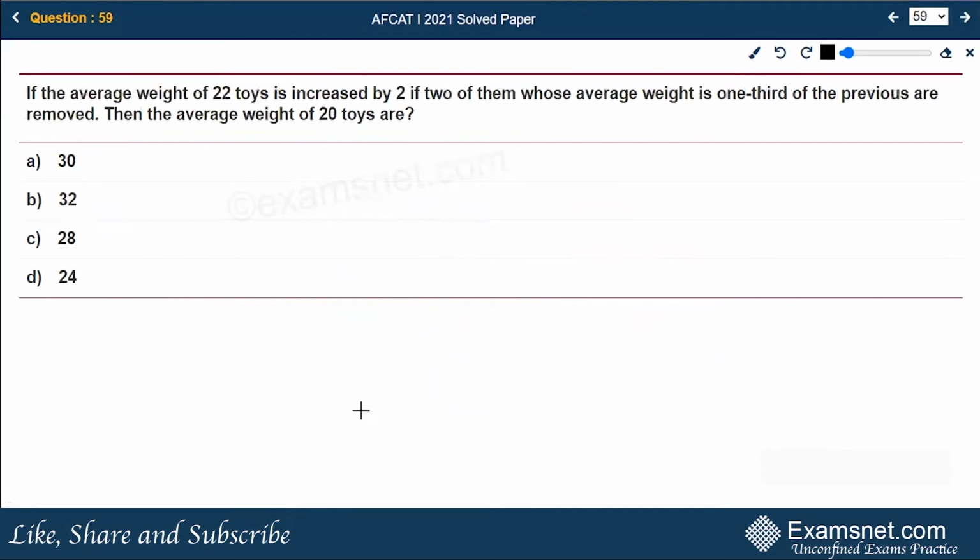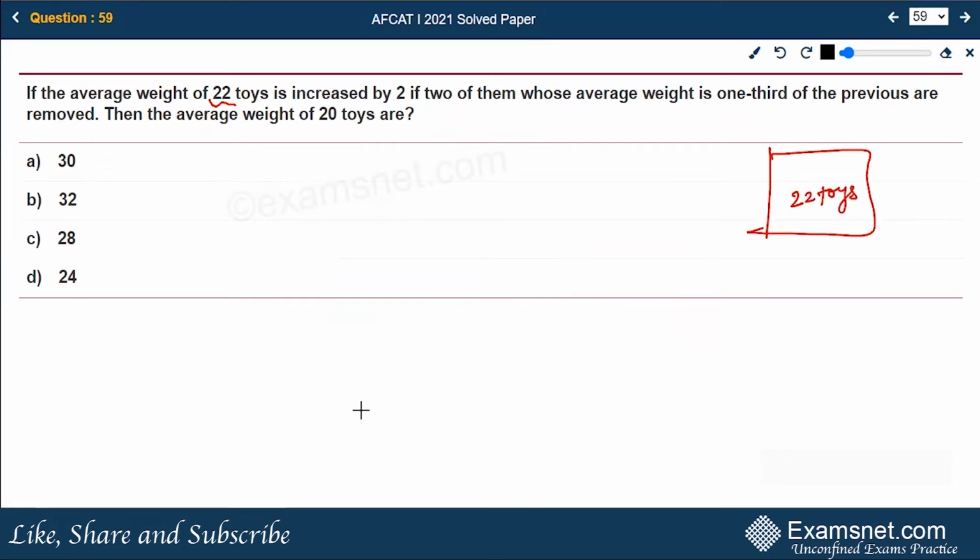Next, question number 59. If the average weight of 22 toys is increased by 2, if 2 of them whose average weight is 1/3 of the previous are removed, then the average weight of 20 toys is. First of all, see, we are having 22 toys, right? There is a bag which is having 22 toys.